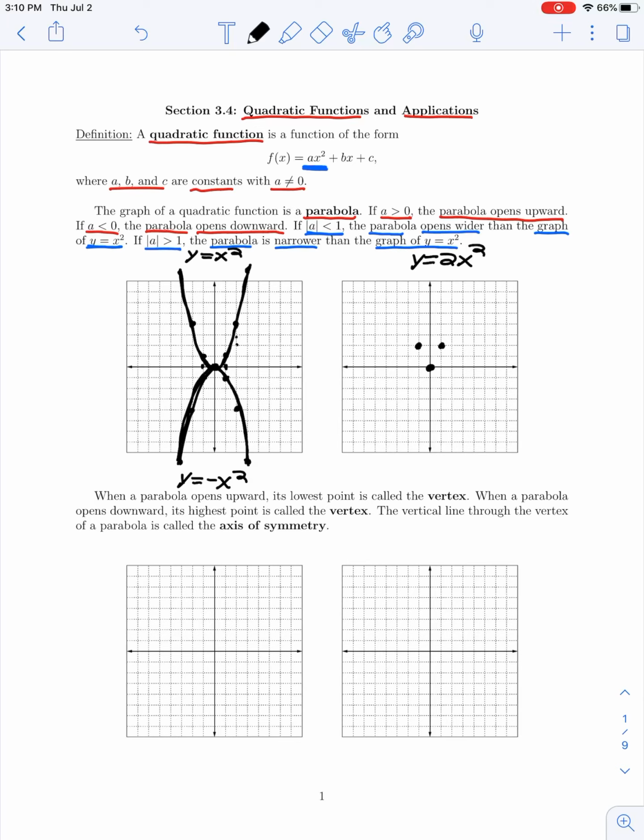Now when x is equal to plus or minus 2, we would have positive 8. So we have the following parabola for the graph of 2x squared, and we can see that this is opening a little more steeply, or it's narrower than the graph of our original x squared function.